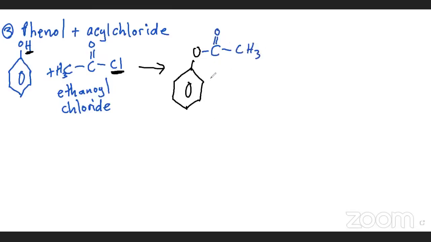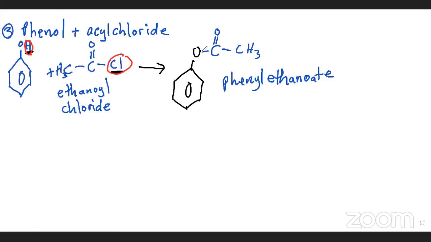So that is it, and this is phenyl ethanoate. Acyl chloride is just like an esterification reaction. You are taking off the chlorine, and you are taking off the hydrogen from the phenol. Just put the oxygen where the chlorine was.